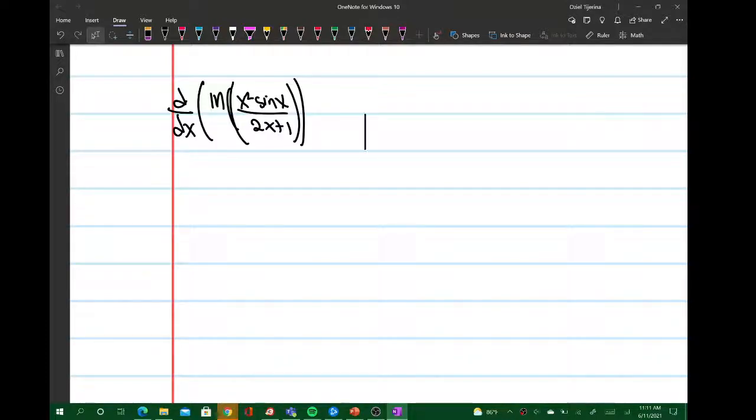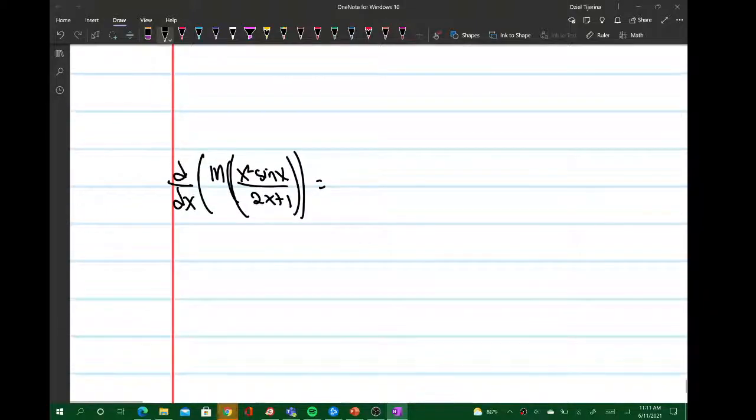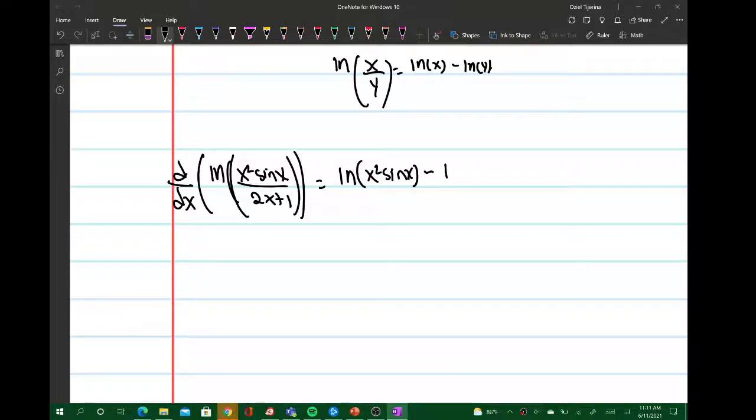Remember how I said from college algebra, ln of x over y is really just ln of x minus ln of y. So in reality, this is the natural log of x squared sine x minus the natural log of 2x plus 1.